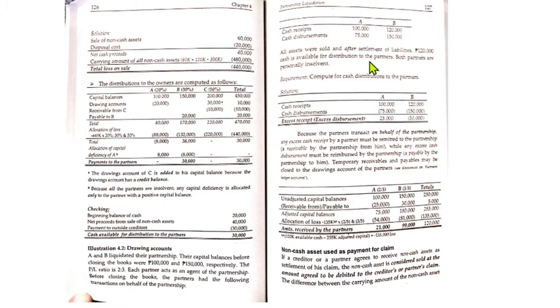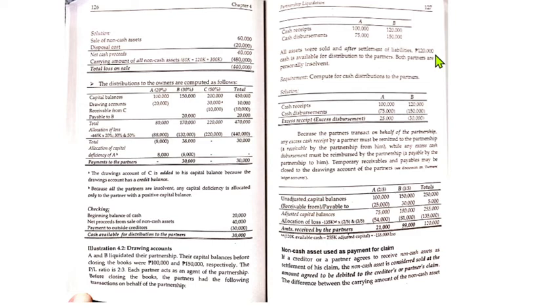Okay, tingnan mo itong item na to. Yung all assets were sold and after settlement of liabilities, 120 is cash is available for distribution to the partners. So, kumbaga, diretso sinabi niya na dito na after mabenta ng mga assets ng non-cash at nabayaran yung mga liability, ang natitira na lang na balance ay 120.